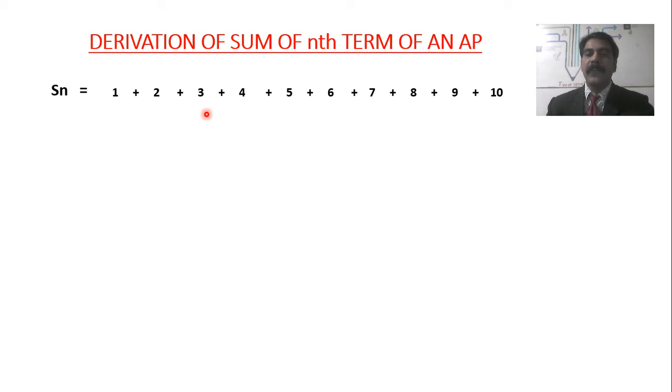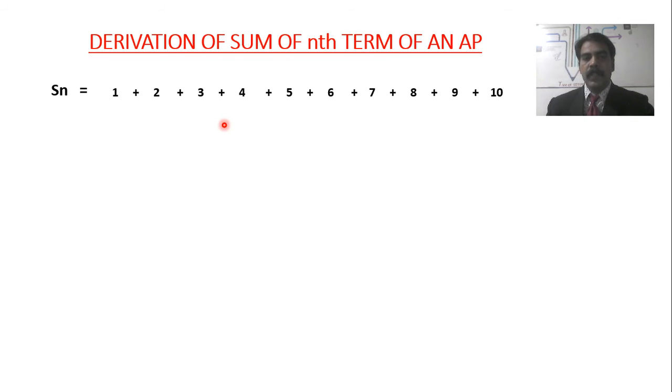But if I ask you to find the sum of the first 1000 natural numbers, you will find it a very boring, cumbersome or tedious job to add all the numbers again and again. That is the reason we have to add these numbers in a smart way. We have to find a general formula where we can substitute these values and get the answer very quickly.